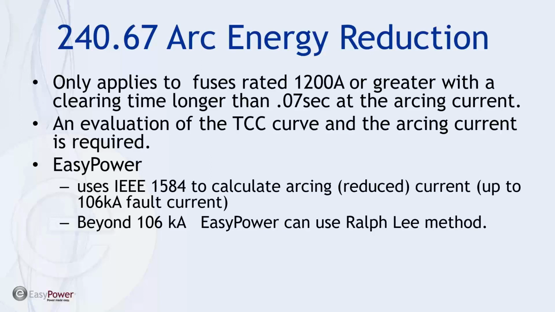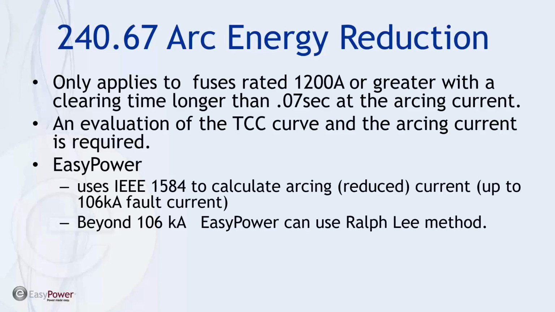The arcing current and the calculation of arcing current is at the heart of the new and improved IEEE 1584-2018 version. And in EasyPower, it's relatively easy to calculate that arcing current, whether it's reduced or 100%.